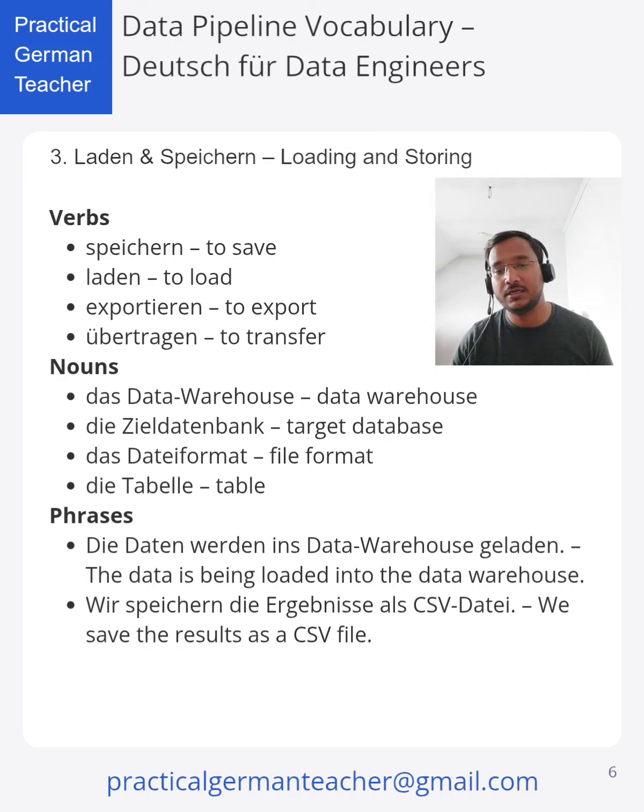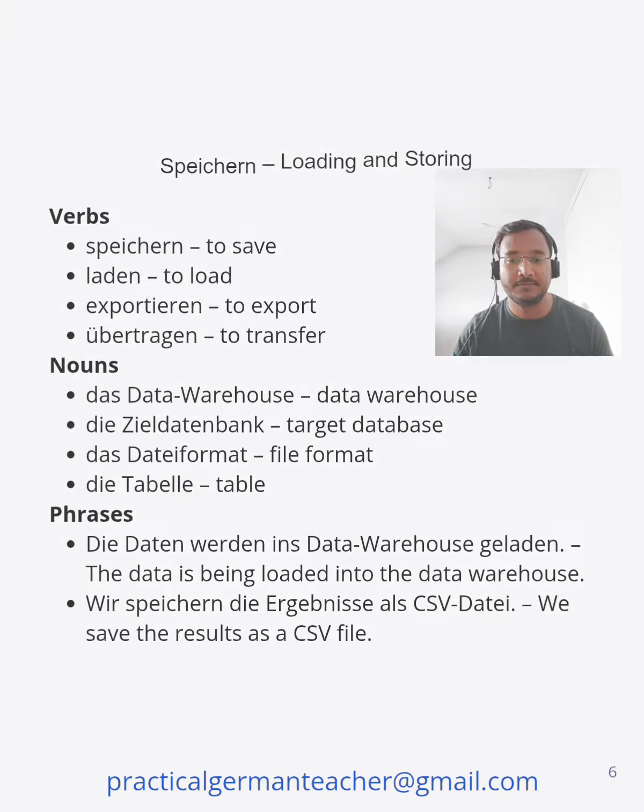Nouns which you may need are das Data Warehouse, die Zieldatenbank meaning target database, or die Tabelle means table, das Dateiformat means file format. 2 examples are, die Daten werden ins Data Warehouse geladen. The data is being loaded into the data warehouse. Another example is, wir speichern die Ergebnisse als CSV-Datei. We save the results as a CSV file.